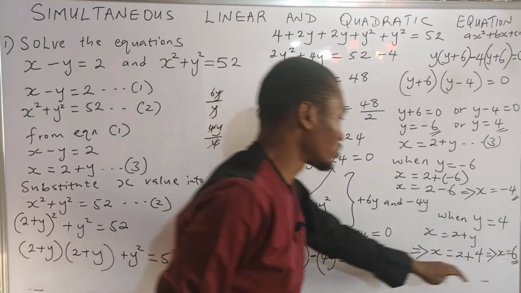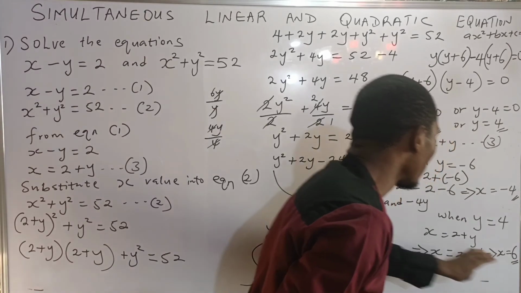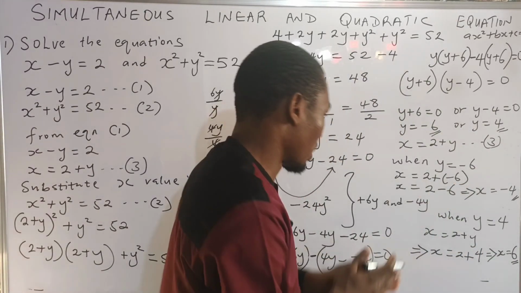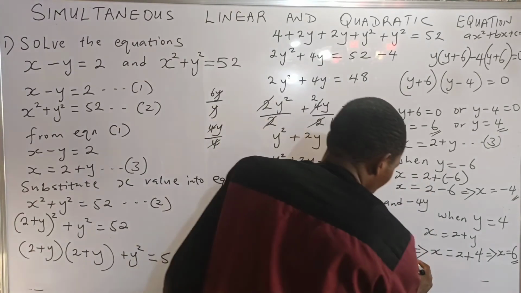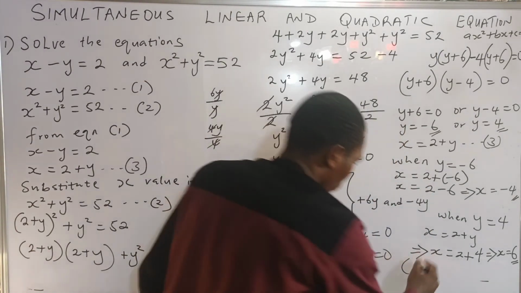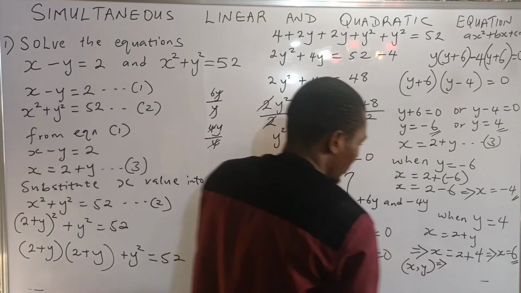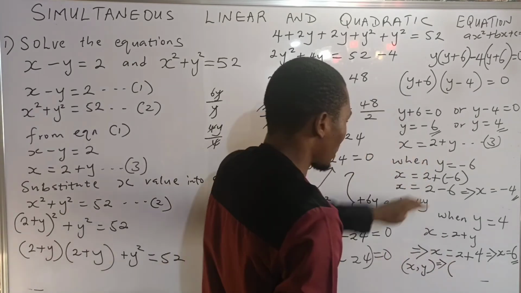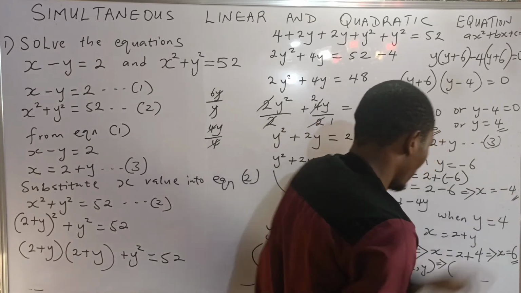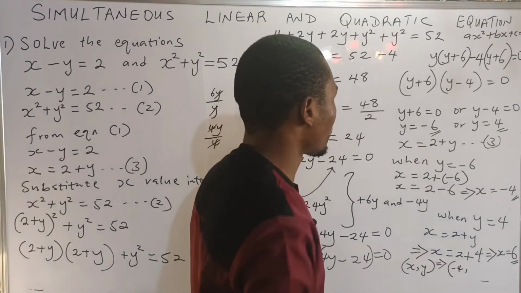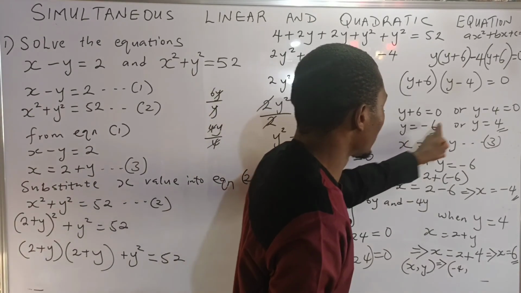So putting these values of x and the values of y in a coordinate form, remember, coordinate form is what we call the xy axis. This implies that for the first instance, our x is negative 4. So we have negative 4, comma, what is our first y? Our first y is negative 6.